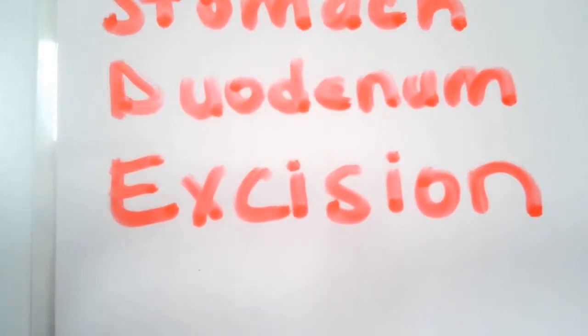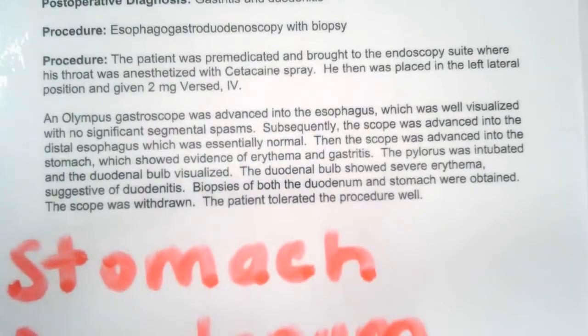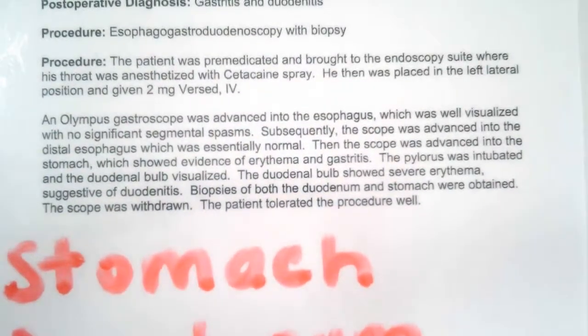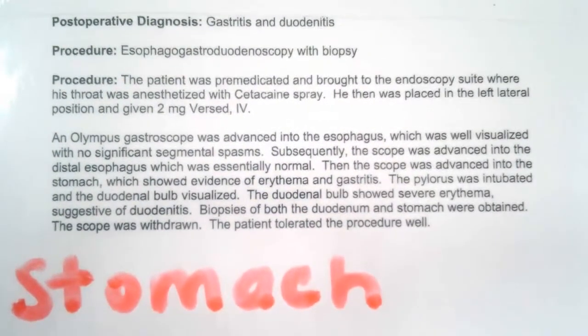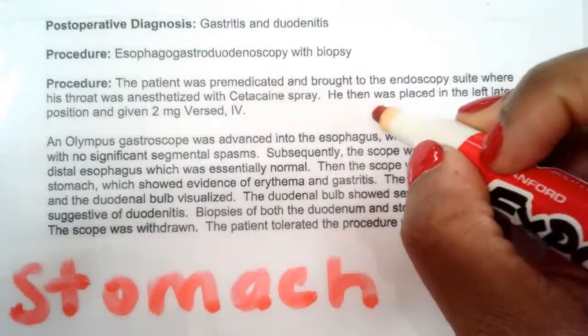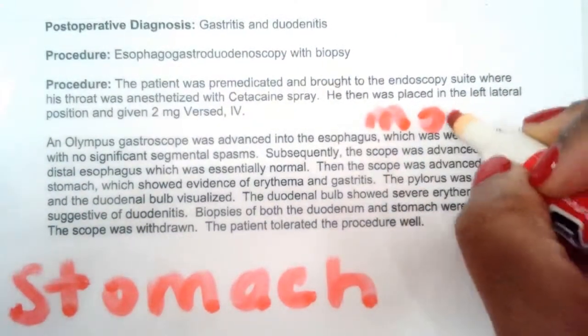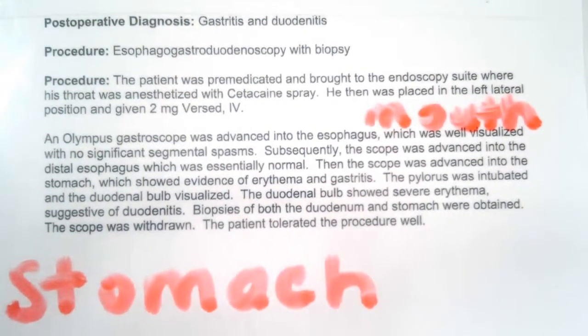So what else do we need to know? We need to know our approach. Well, if you look at the operative report, the gastroscope was advanced into the esophagus. Okay, guys, if you look at an anatomy diagram, you'll know that they got into the esophagus via the mouth.